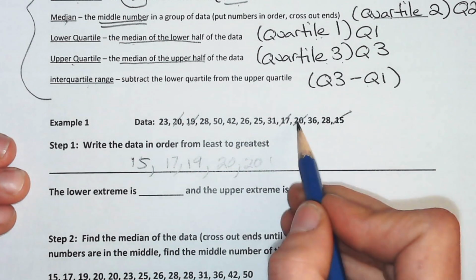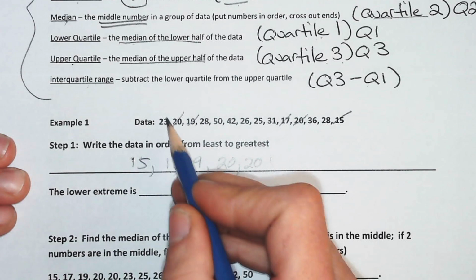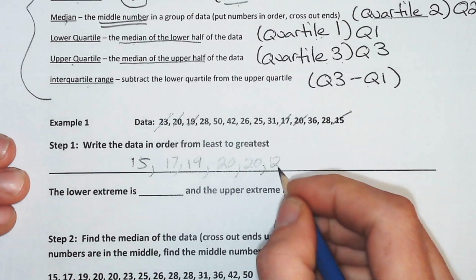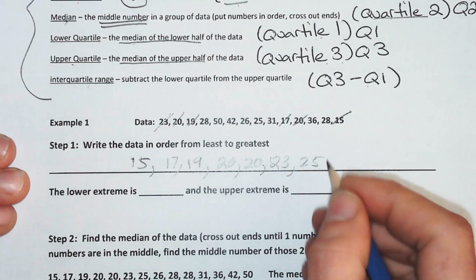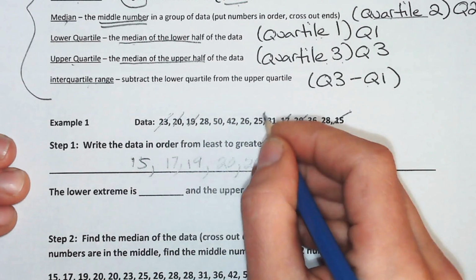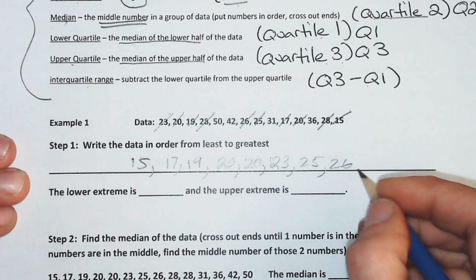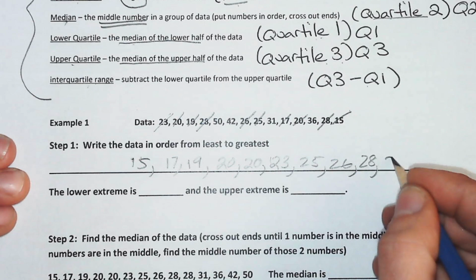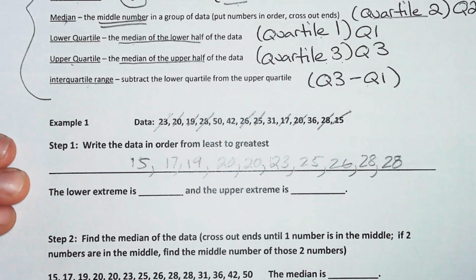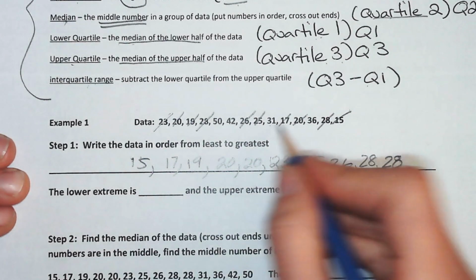Let's see, then we've got 23, then 25 and 26. We've got two 28s, 28 and 28. I see 31, 36, 42.